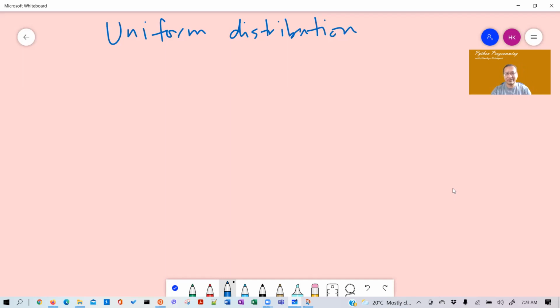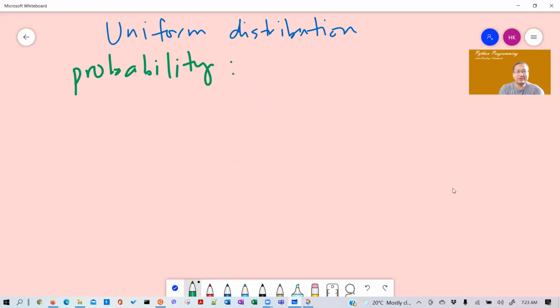Before we understand distribution, we need to understand what is probability. Intuitively, what is probability? First, we need to know probability. What is it? Chances.